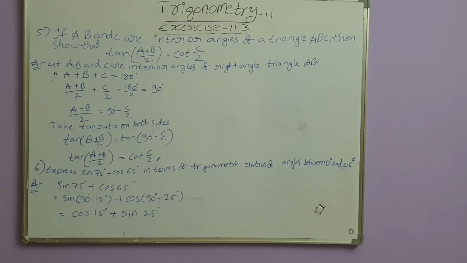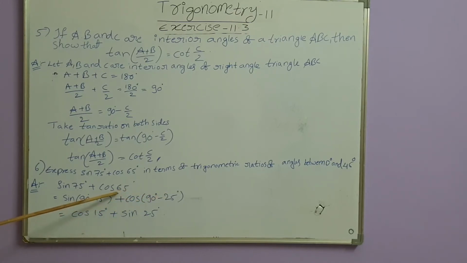Next, in this sixth one, express sin 75 degrees plus cos 65 degrees in terms of trigonometric ratios of angles between 0 degrees and 45 degrees. So how to write this 75? 90 degrees minus 15 degrees gives 75. And 65 degrees is converted to 90 degrees minus 25 degrees.